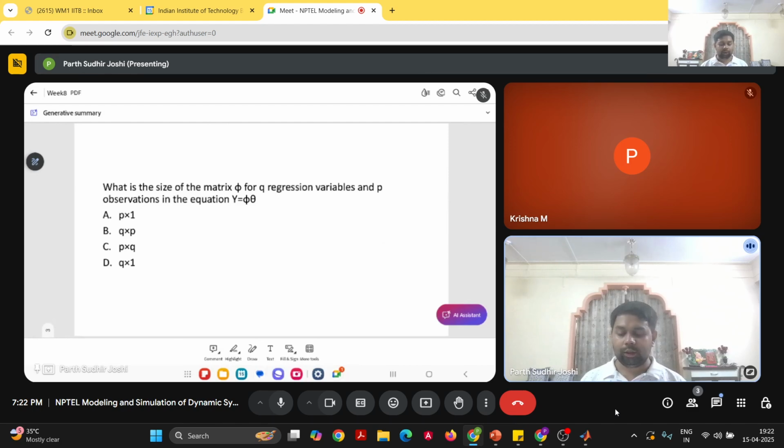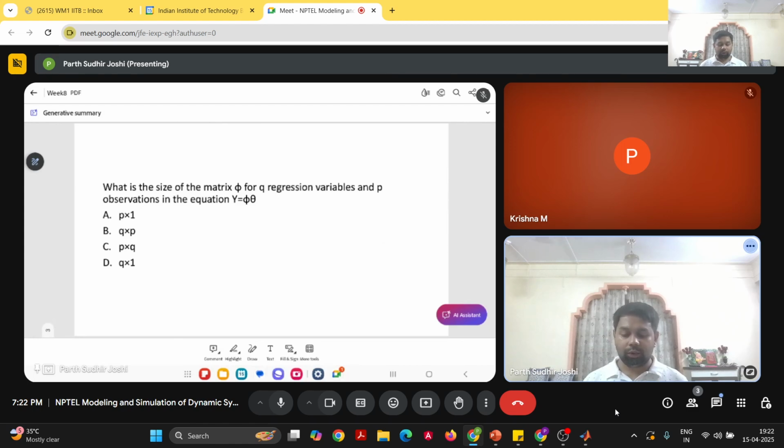Now the next question is with respect to the regression variables. We have the equation y is equal to phi theta, which is the regression equation between the input and the output variables. Here y is the measured quantity, and theta holds the regression parameters.